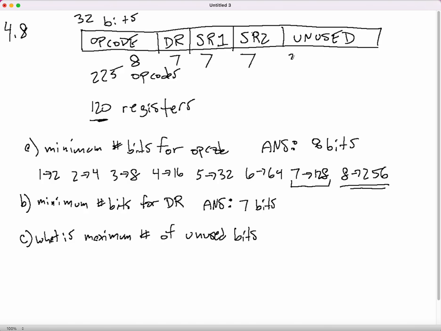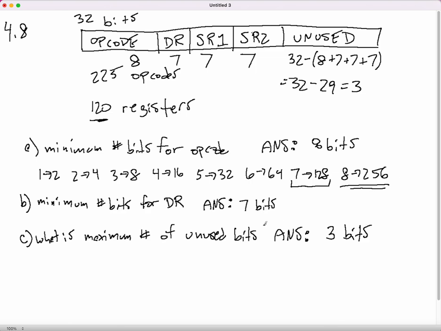So this is going to be 32 minus 8 plus 7 plus 7 plus 7. That's equal to 32 minus, well, that's 21 plus 8 is 29. That's equal to 3. So the maximum number of unused bits would be 3 bits. Okay? And that answers problem 4.8.